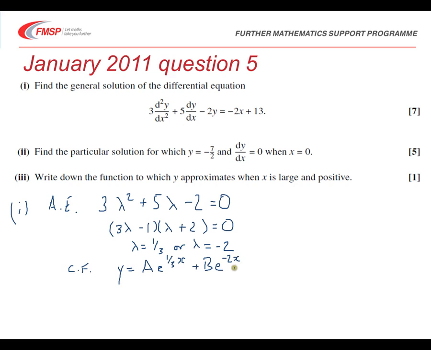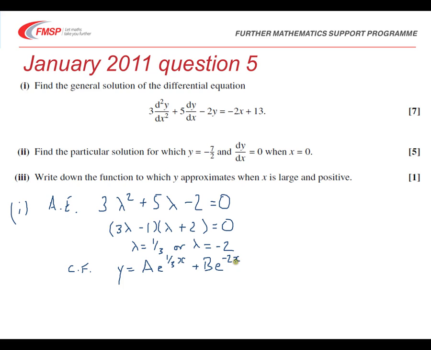You should also, and please take note to practice these, you should know what to do with the repeated solution, where we get something like, if it was lambda is 2 and lambda is 2, ax e to the 2x plus b e to the 2x, and also what to do if you get complex numbers here, and they give you, your real term gives you your power of e, and your imaginary term gives you your constant with cos ax and plus sine bx.